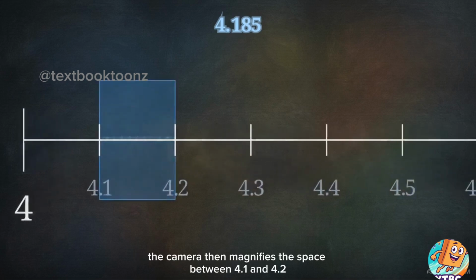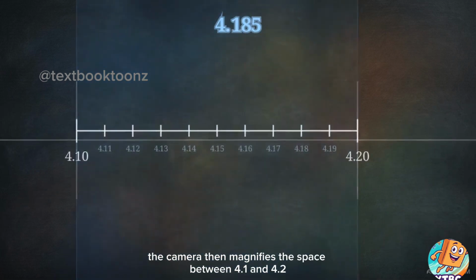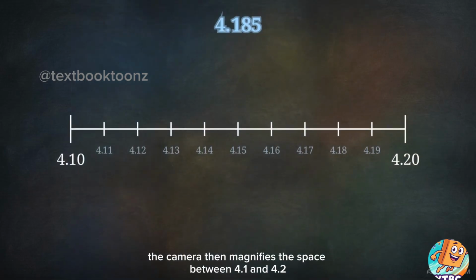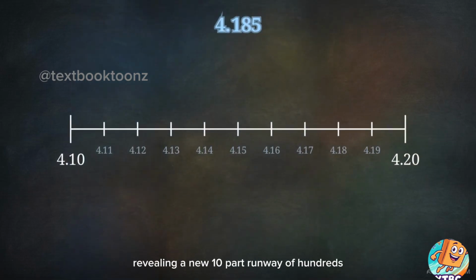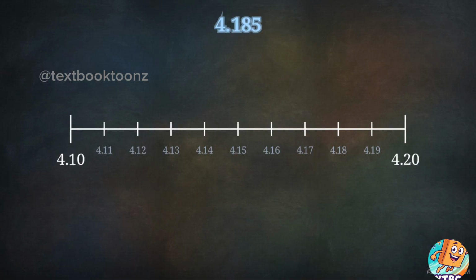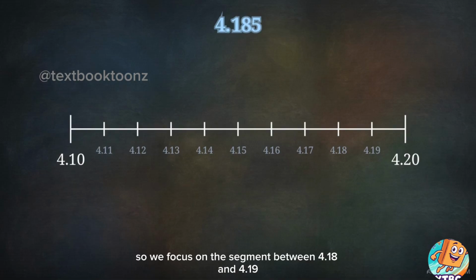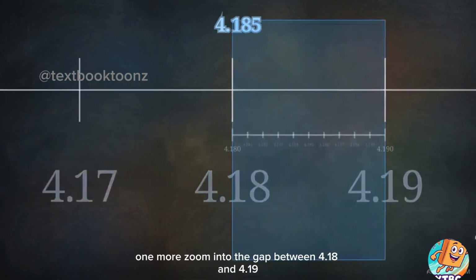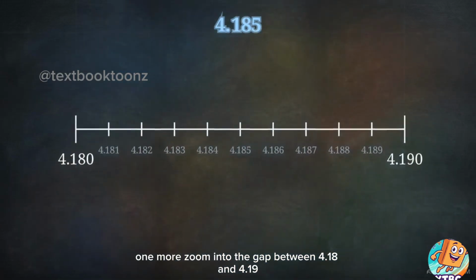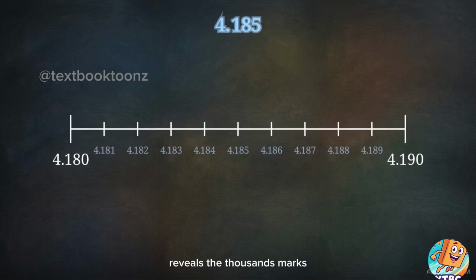The camera then magnifies the space between 4.1 and 4.2, revealing a new 10-part runway of hundredths. Our target has 8 hundredths, so we focus on the segment between 4.18 and 4.19. One more zoom into the gap between 4.18 and 4.19 reveals the thousandths marks.